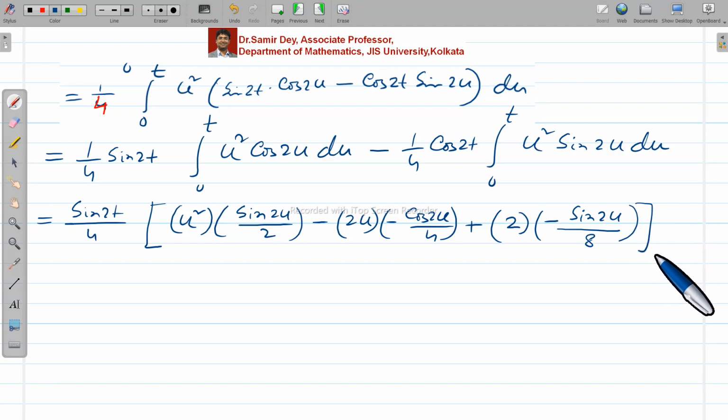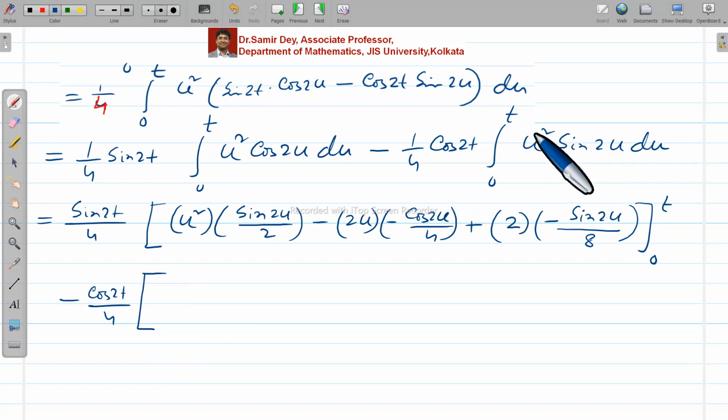Please check, it is coming 0 to t, and next it is coming minus 1 by 4 cos of 2t by 4.